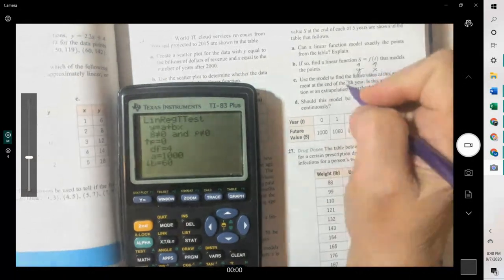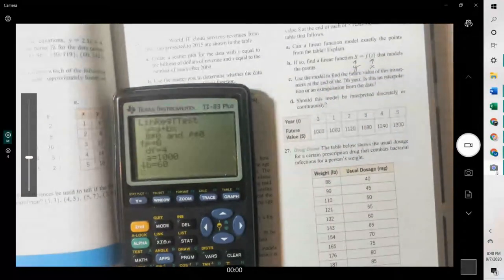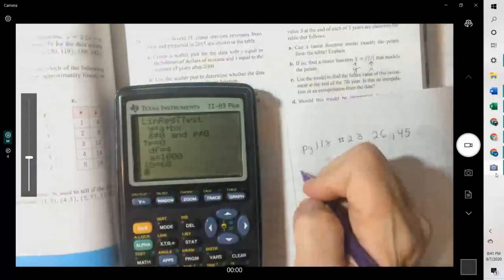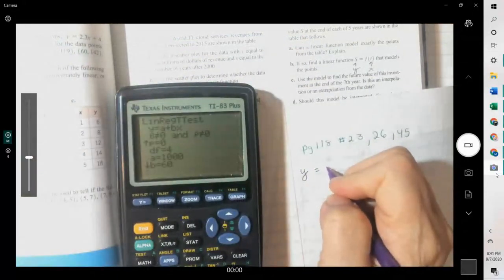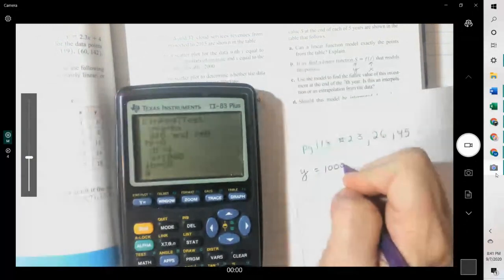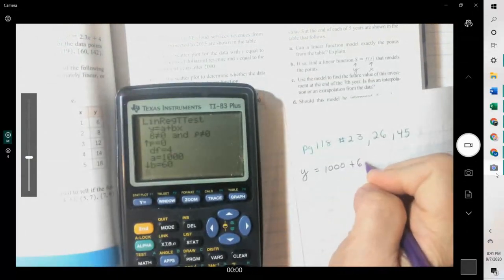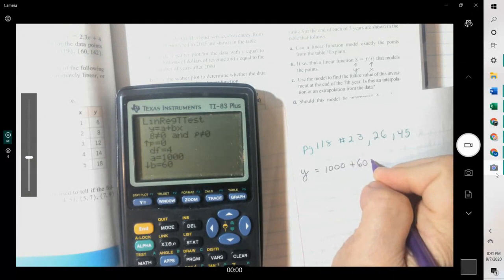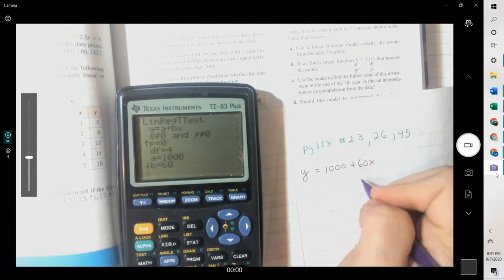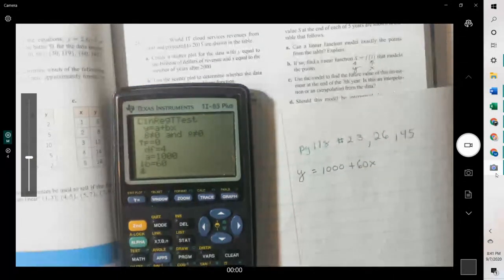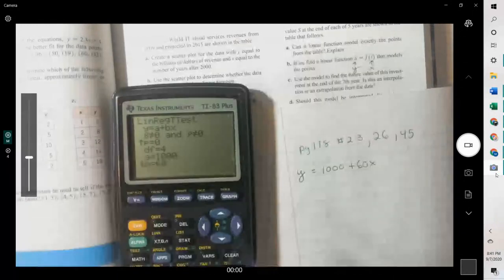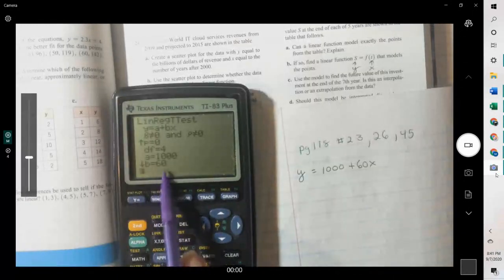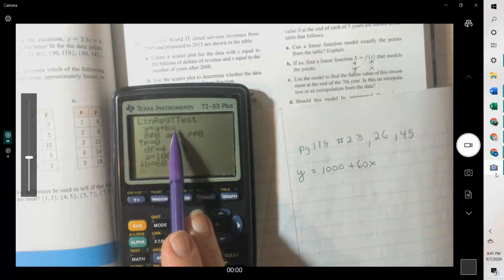So we have A first, so 1000 plus 60x. I know the x goes with this one because it says that B is 60, and B is the slope.